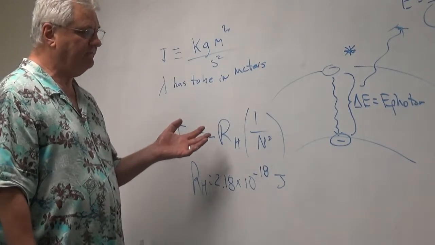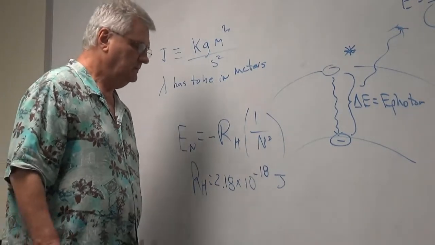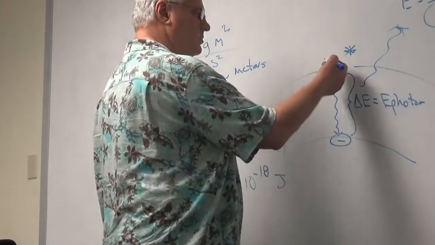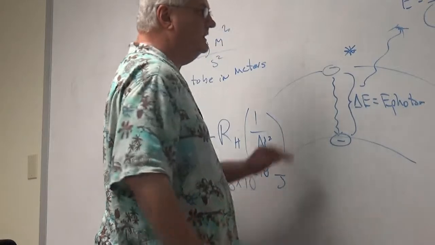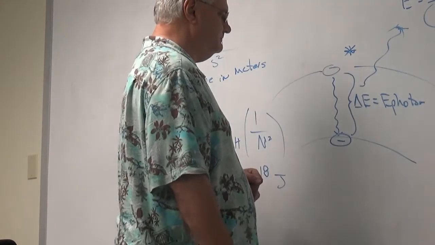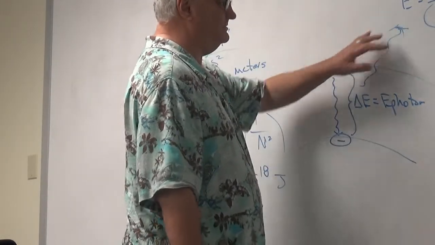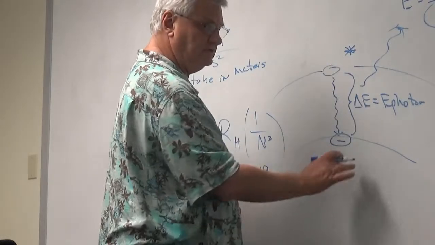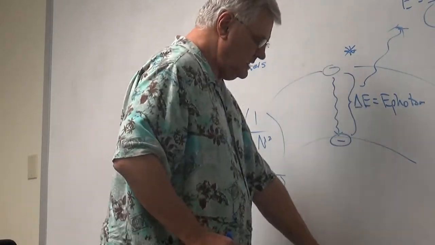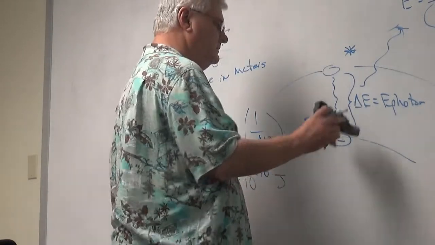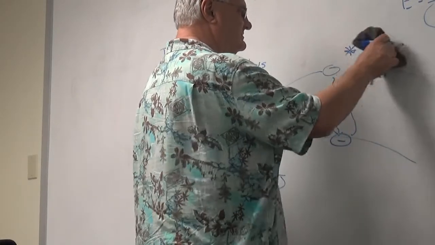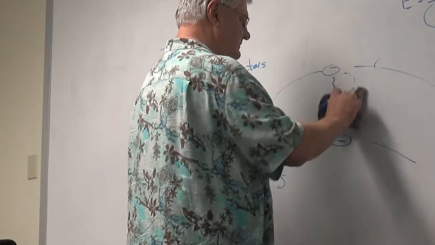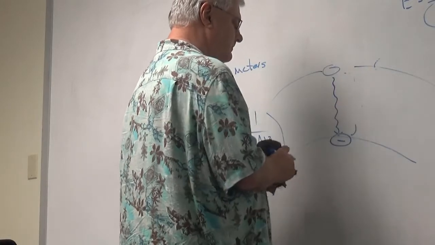So if you have an electron in a certain orbital and it goes to a lower energy orbital, it's got to emit a photon that has the same energy as this change in energy. Now what about when an electron absorbs a photon? Well, it's the same thing, except backwards.